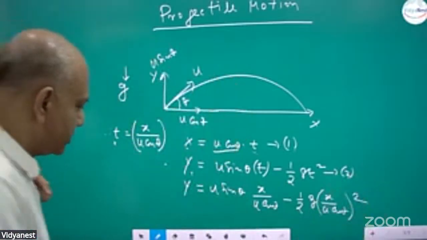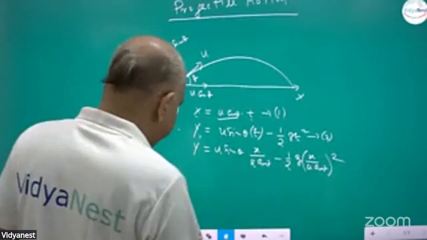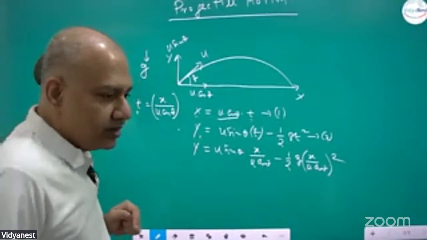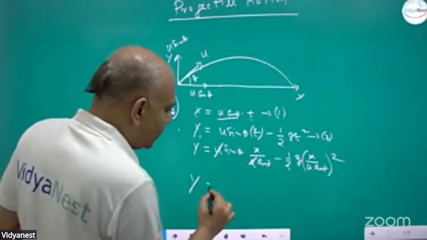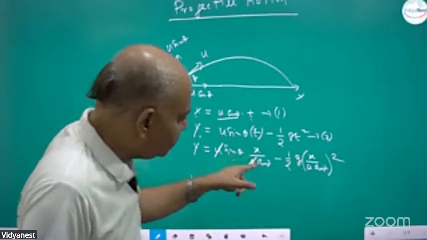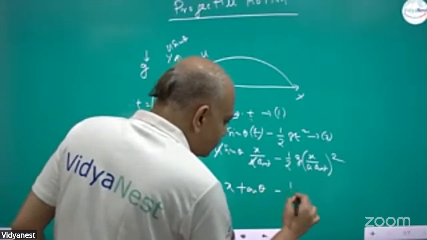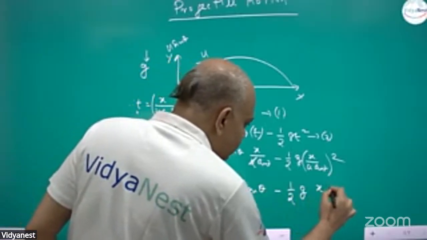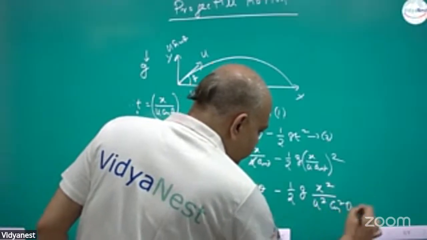Then u cancels out, x into sine theta by cos theta is tan theta, minus half into g x square by u square cos square theta.